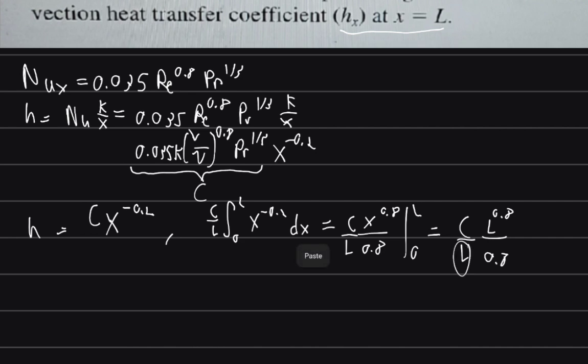Now with this L on top and bottom, we can subtract the exponents. So 0.8 minus 1 is minus 0.2. So c times L to the minus 0.2 over 0.8.